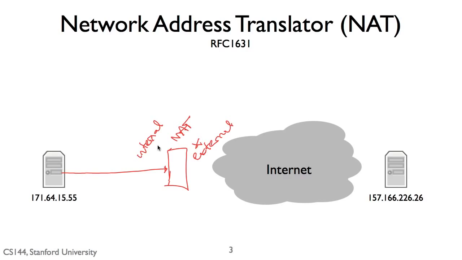So if the NAT has internal interface I and external interface X, your packet might be from 171.64.15.55. The NAT will rewrite it to be coming from IP address X.